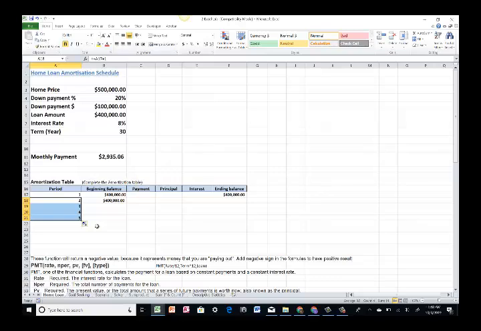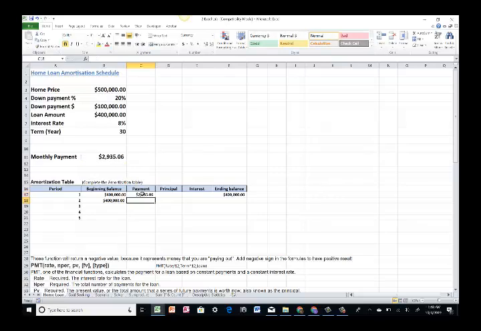I'm just going to populate 5 months of payments as an example of the amortization table. My beginning balance is my loan amount, and it just references the loan amount. And my payment can just reference the monthly payment.